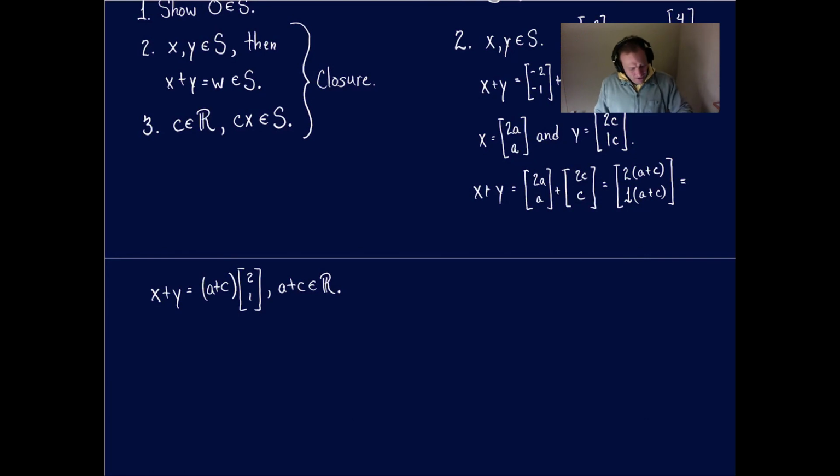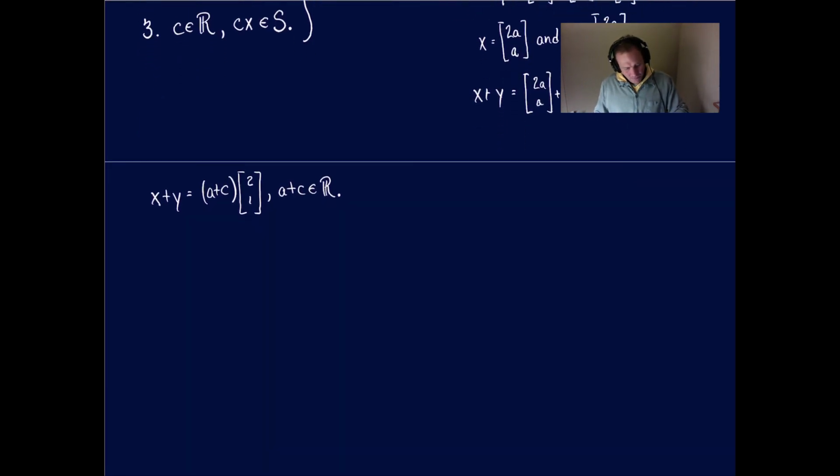And the final step is step 3. Step 3 says, if I take any scalar c and multiply it by, and I should be more formal there, if we take any scalar in the real numbers, then c times x is also in S. Let's check. If I take c and multiply it by x, that's c times 2a, 1a.